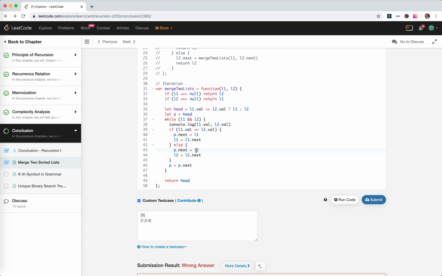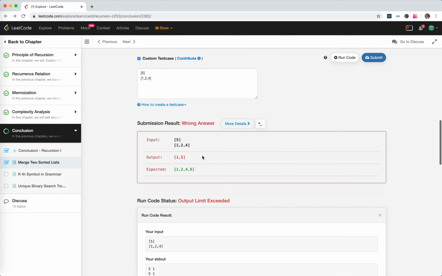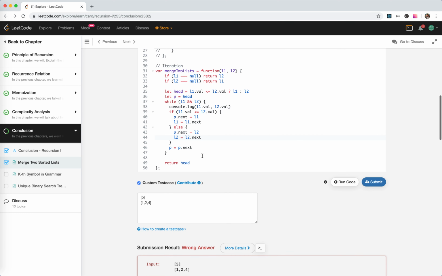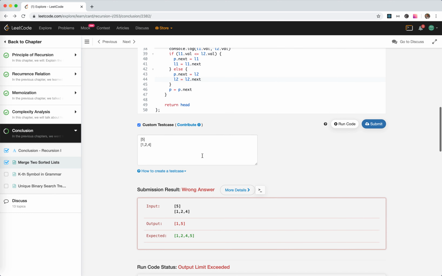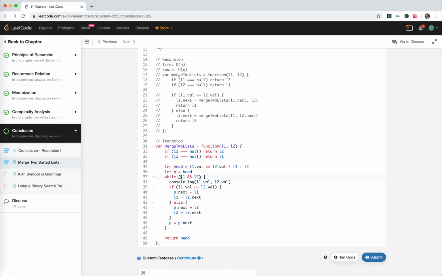So p next equals L2, L2 equals L2's next. Why is it still 1? It says 5, 1, 5, 1.